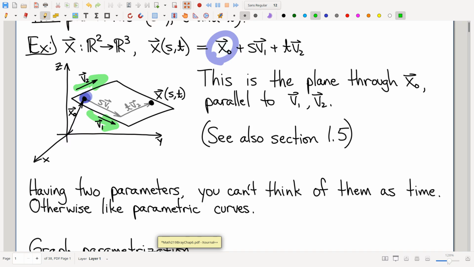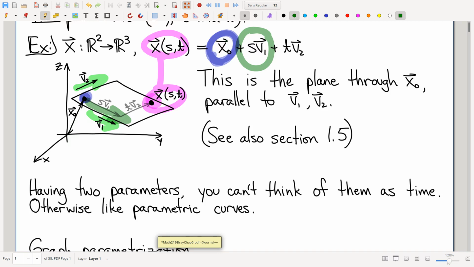Okay. All right, so with that noted, I can get to any other point in the plane as desired just by starting at my given point and by going some amount in the V1 direction. Now, that might not be exactly V1, right? V1 is a fixed vector. It might be too short. Maybe I want to go farther, but in that same V1 direction. So I give myself this scaling factor called S, right?